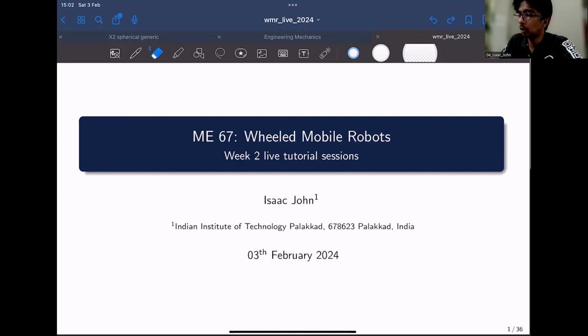From week two onwards, this is where we cover the mechanics of wheel mobile robots, starting with kinematics. I hope you have gone through all the lecture videos for week two, but we'll cover a summary of a few important topics, such as how the generalized wheel model is derived and how it can be adapted for various wheel mobile robot configurations.